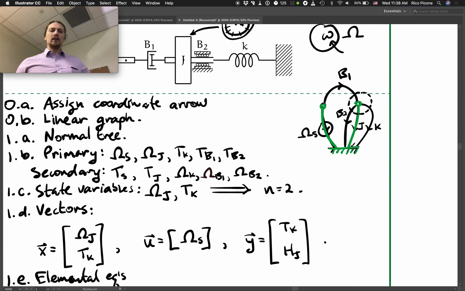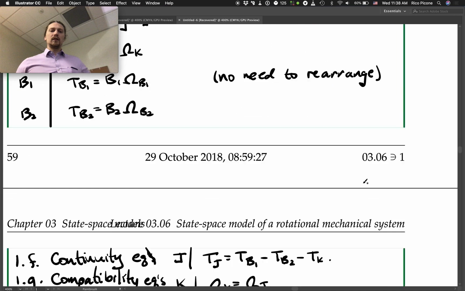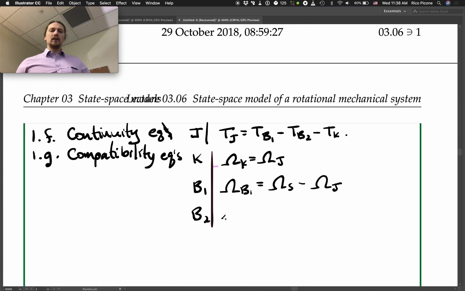So omega B2 equals omega J. Sweet. So we have all our equations. So now we're ready to start reducing them down.